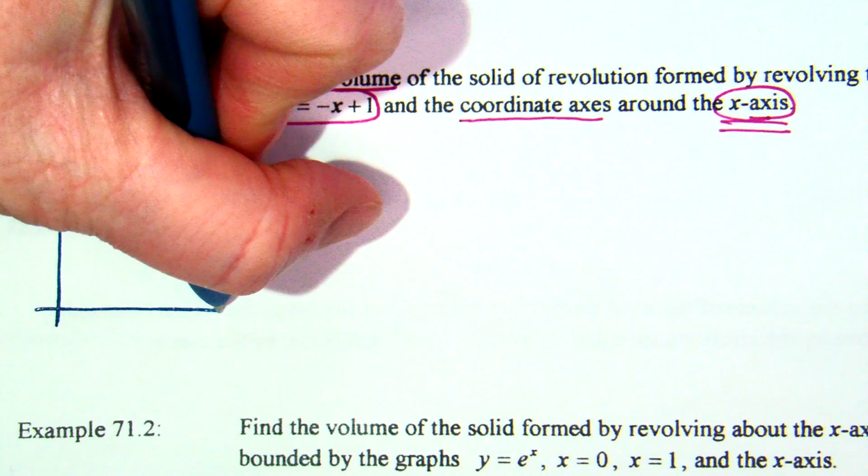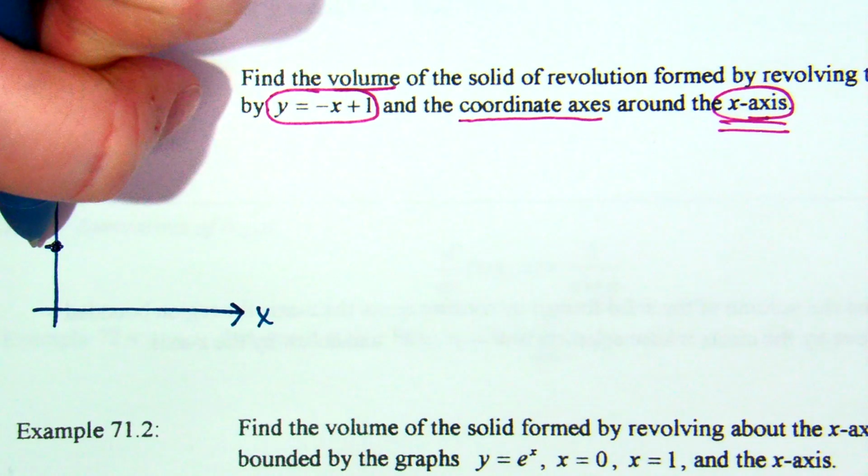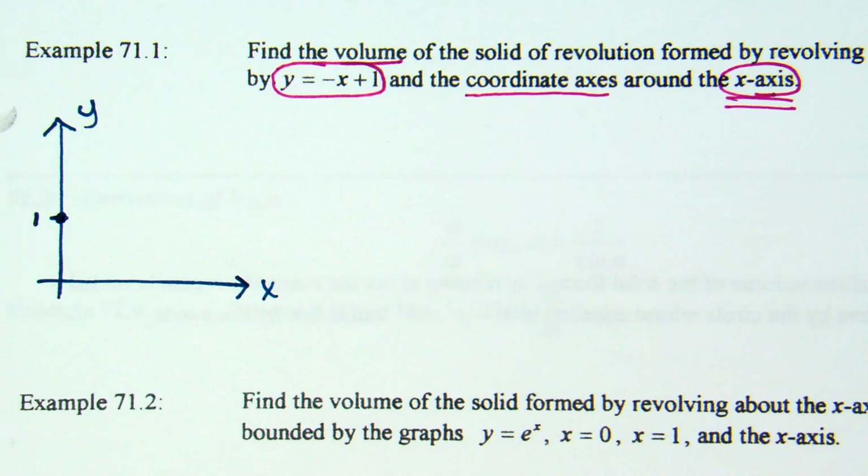It goes through the y-axis at 1, and then it just goes at a slope of negative 1. So it's just decreasing across. Okay. Y equals negative x plus 1 has a y-intercept of 1, a slope of negative 1, which is going to go down 1 over 1. So that means it's also going to cut through the x-axis at 1.